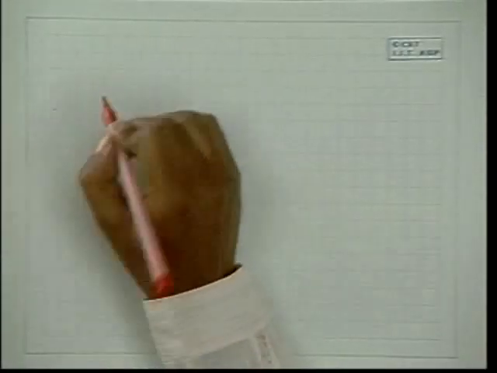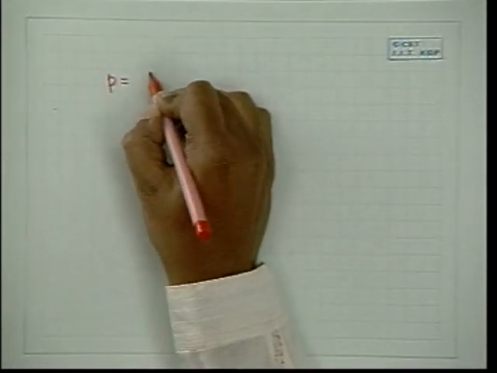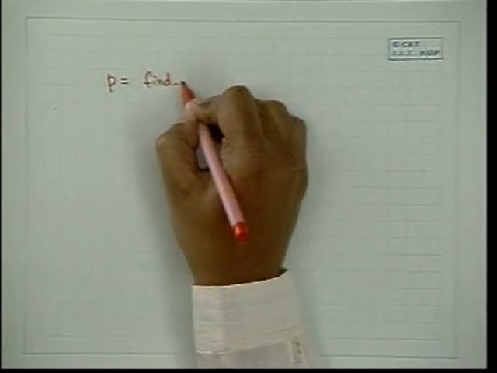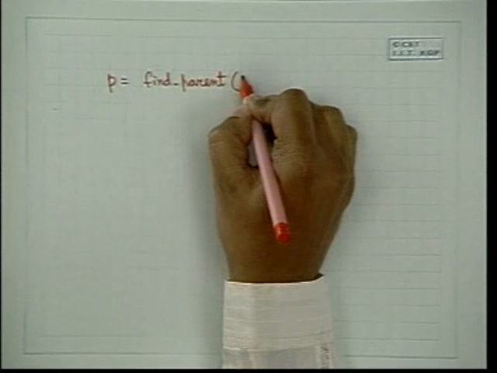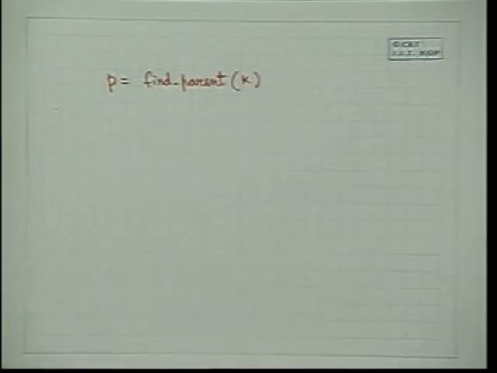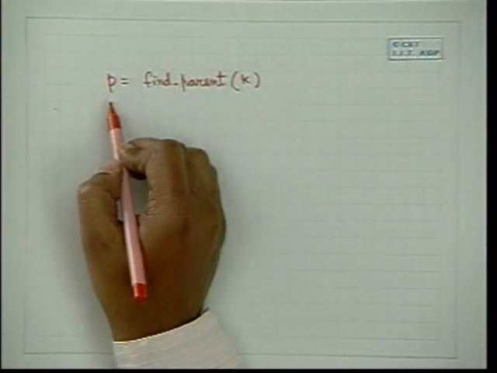So what is the basic insertion routine? Insertion first will be P equal to find. Given a value, you will find the parent, a pointer to the parent, right?